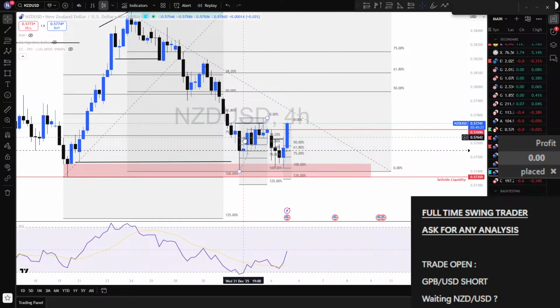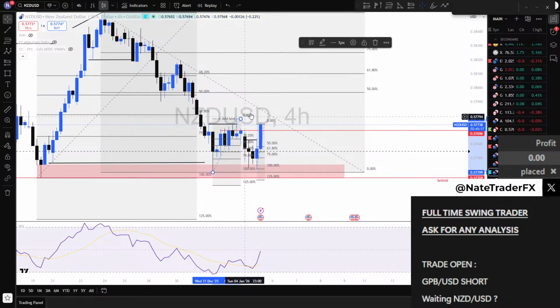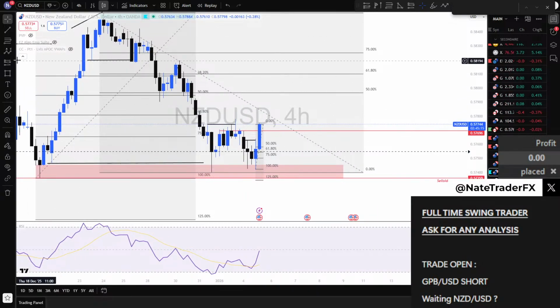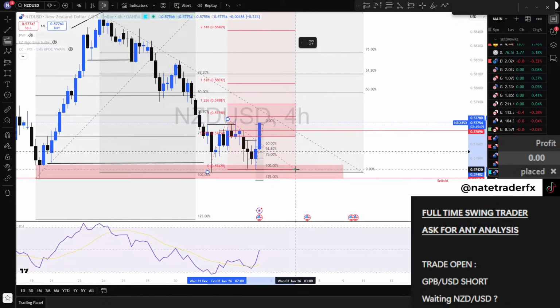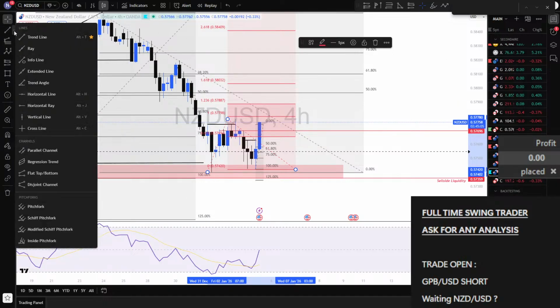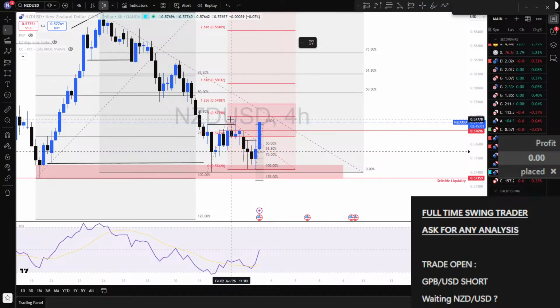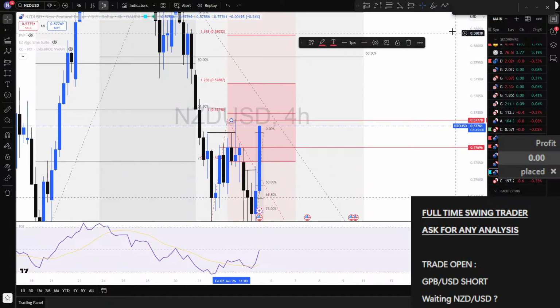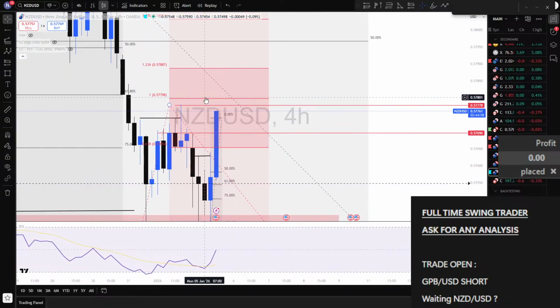If you're in this trade on NZD USD, good for you, first. And second, your TP. Either you take the TP once you took this, or at least put yourself at break even once you create a new high here.